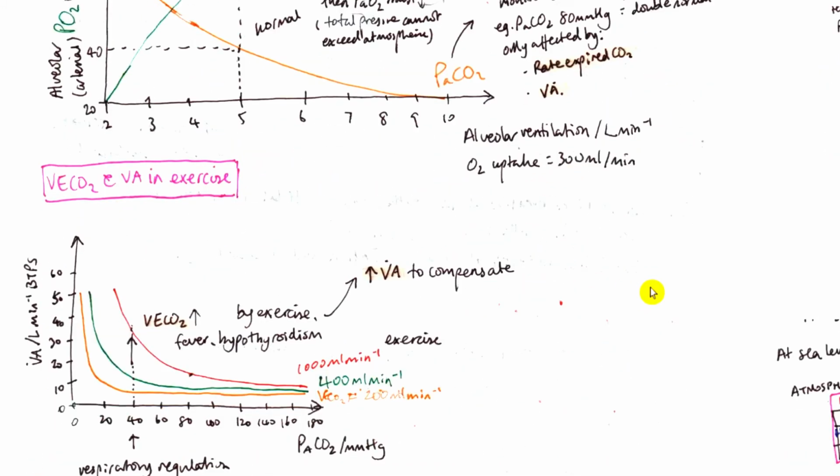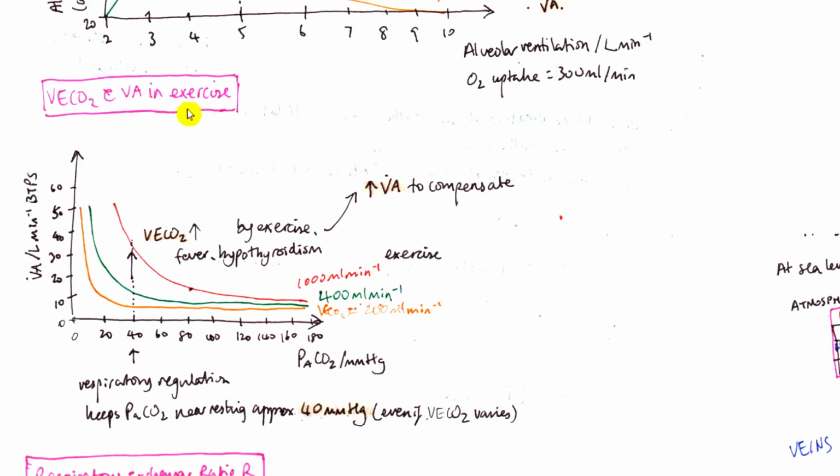Now, VeCO2 and VA in exercise. So when we exercise, or if we have fever or hypothyroidism to a lesser extent, the volume of expired carbon dioxide will increase. So, for example, normal might be around 200 or 400, and then when we exercise, we'll increase it to around 1,000 milliliters per minute of carbon dioxide that we expire.